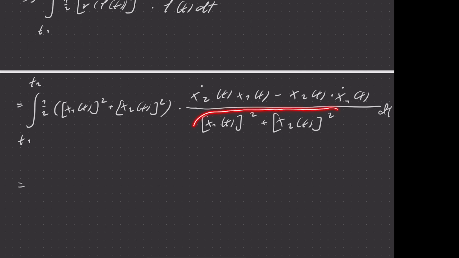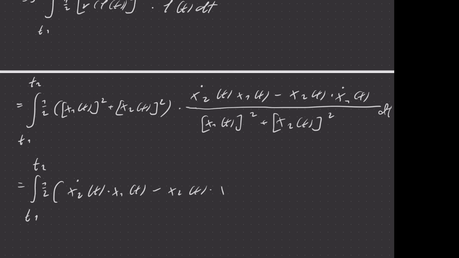This expression here is the very same as this expression, so that cancels out. And we are left with the integral from t1 to t2, 1 over 2, x2 prime times x1 minus x2 times x1 prime dt.